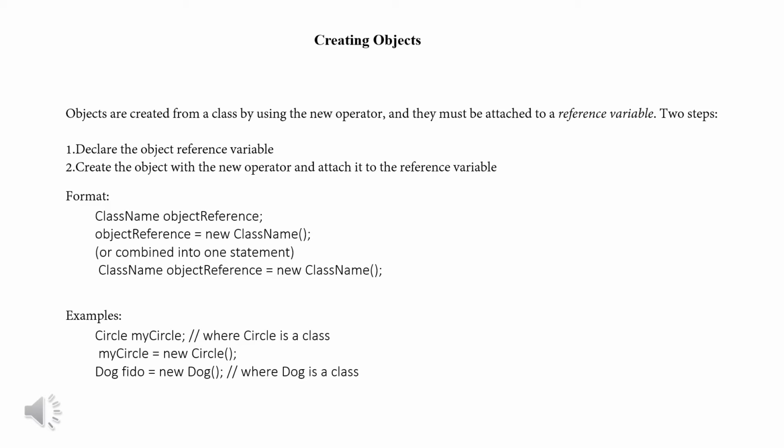For example, we have a class with the name circle, and we want to create an object from that class. How? First, circle, then the name of the reference variable, here for example myCircle. So circle myCircle, then myCircle equals new circle.